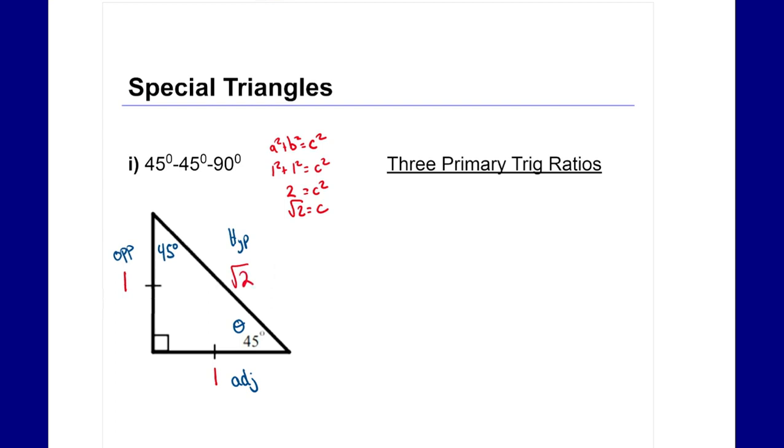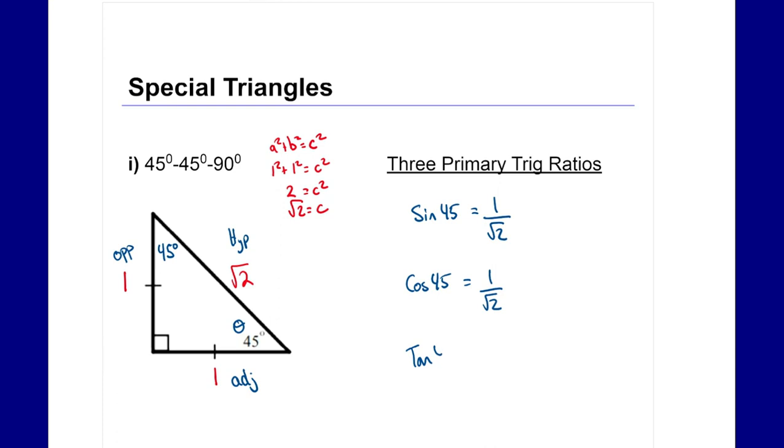So now that I know that, I can come up with my three primary trig ratios. Sine of 45, because that's my reference angle, is equal to opposite over hypotenuse, so 1 over √2. Cosine 45, adjacent over hypotenuse, so 1 over √2.